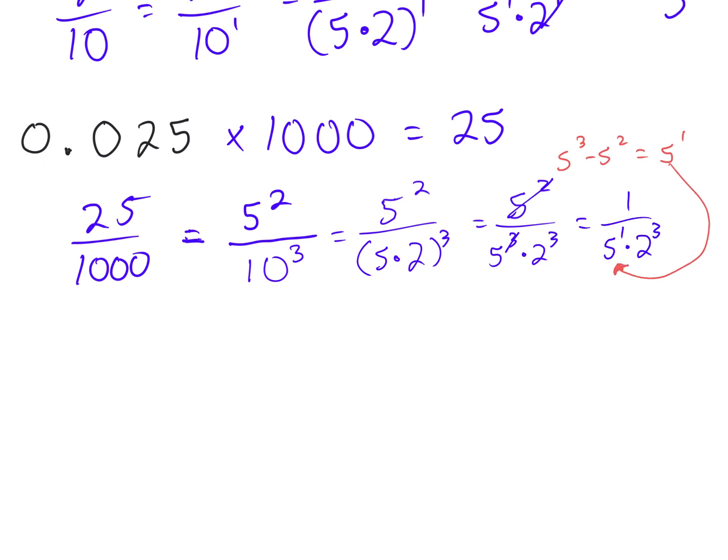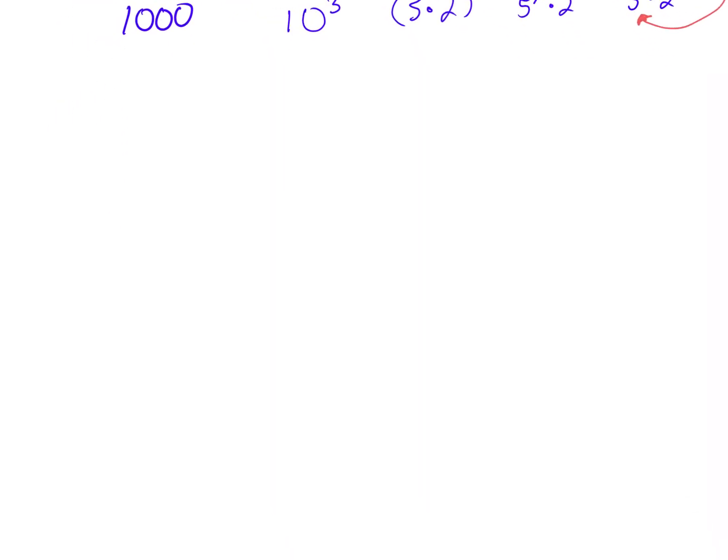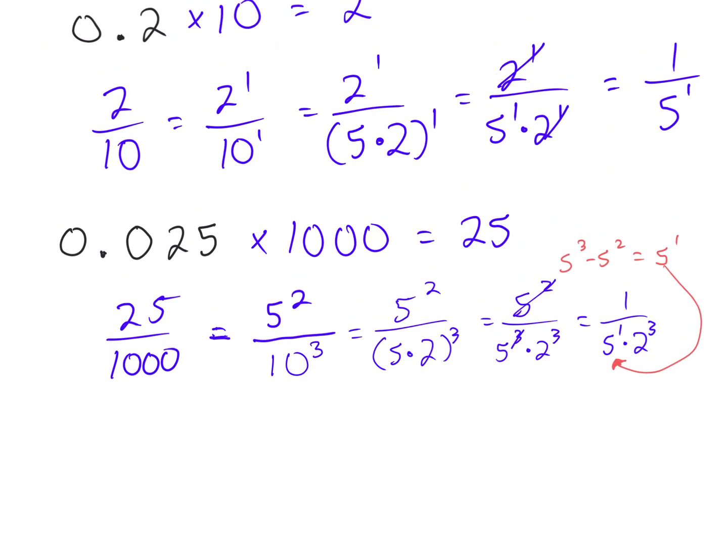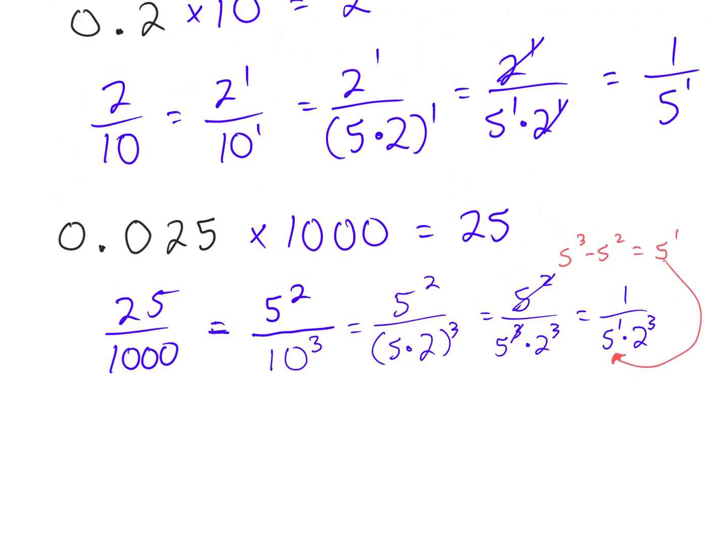So this is the premise, the setup of Theorem 1's proof. First, the proof relies on the fact that each one of these decimals is divisible by 10 to a certain power.